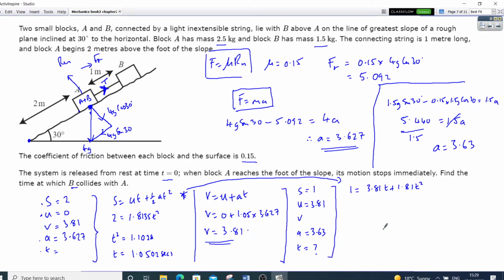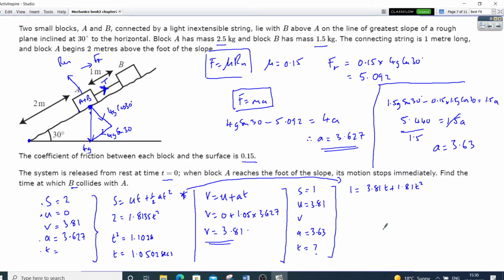If I put that in, I'm just going to use my calculator as a polynomial. So shift it into the mode, polynomial degree 2. For my quadratic, the coefficient of x squared is 1.81, then b is going to be 3.81, and c is going to be minus 1.